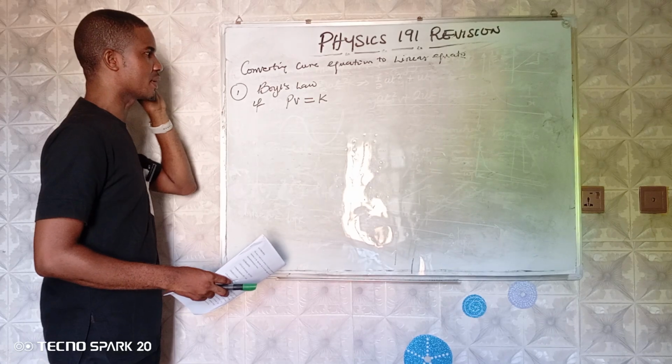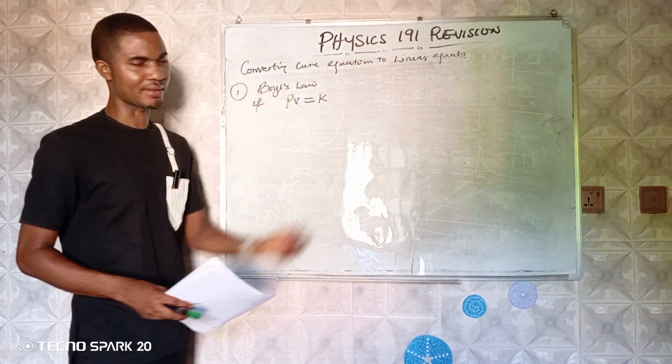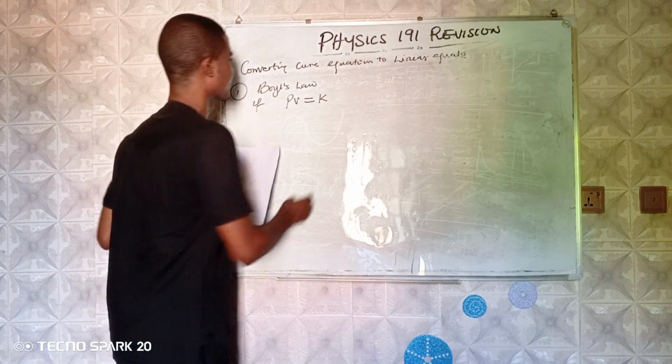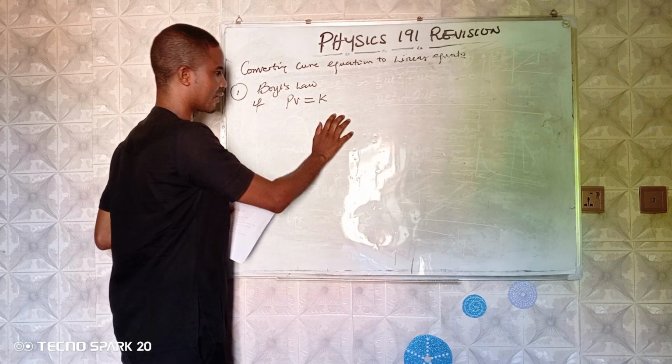We want to start with Boyle's law. We want to convert the equation of Boyle's law to a straight line graph. But I want to make a little correction. The first time I said the Boyle's law equation is a curved graph.